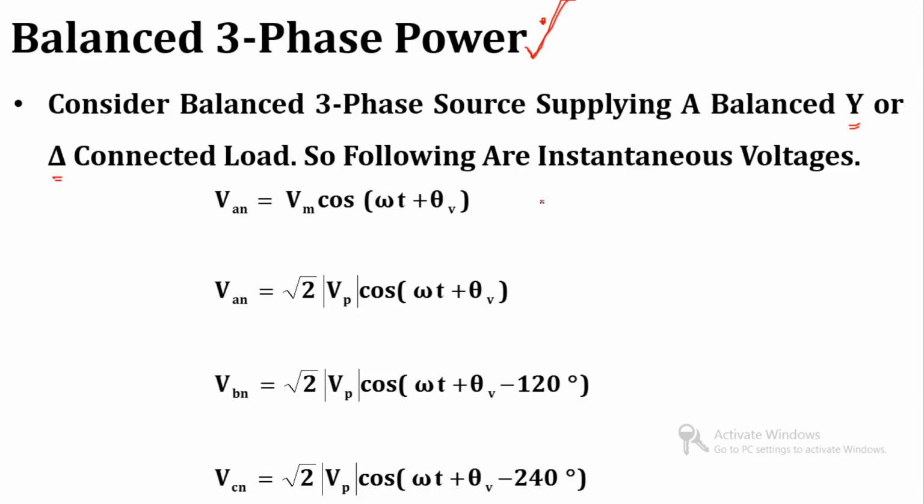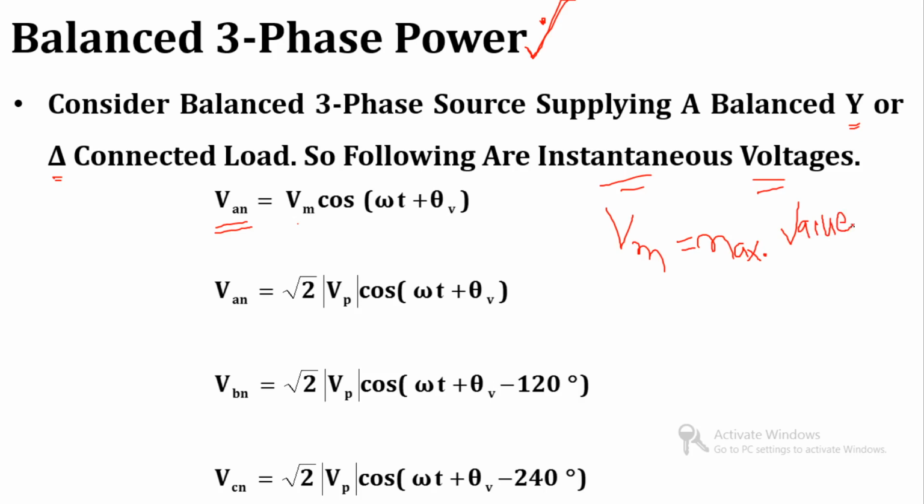So, let us assume the instantaneous voltage VAN is equal to Vm cos omega t plus theta v. Here Vm is the maximum value of phase A.